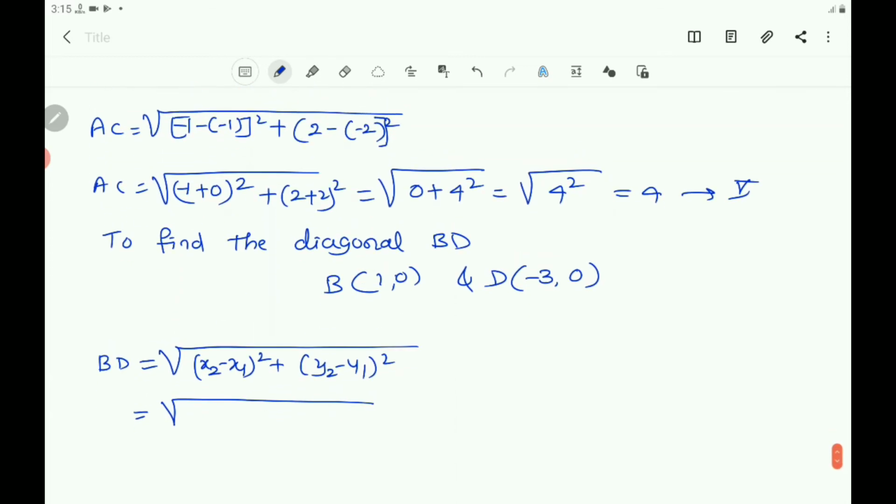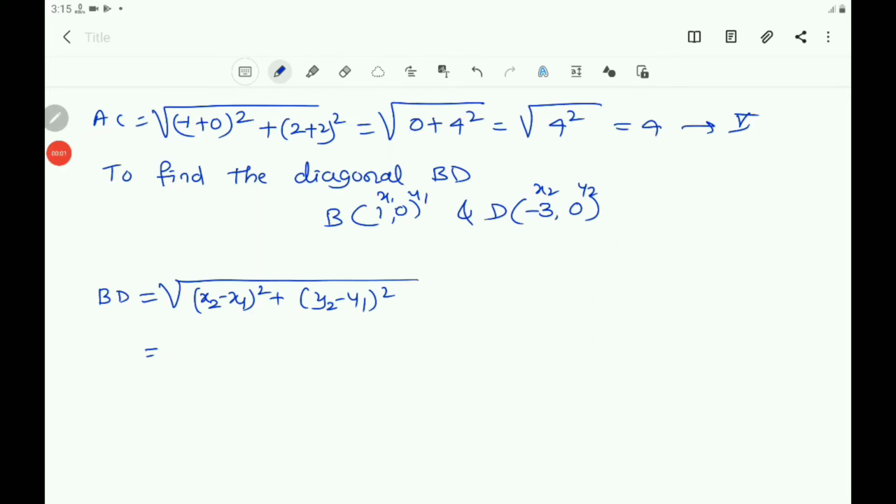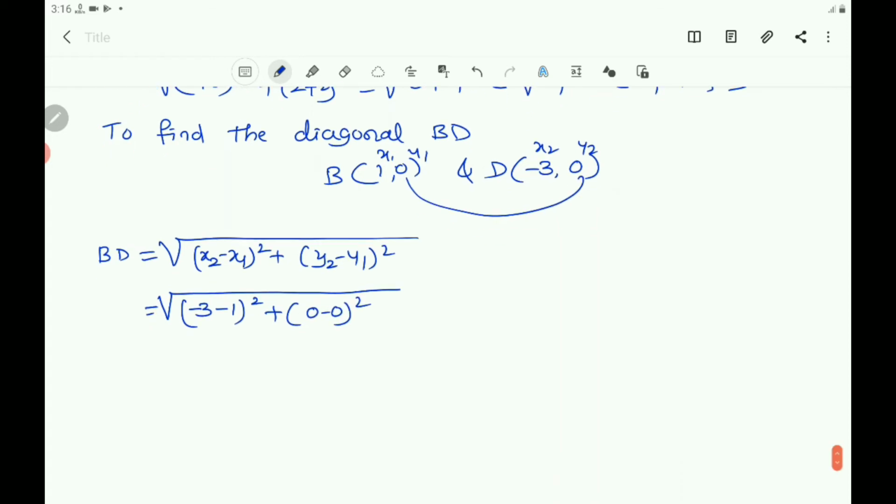You take here x1 y1 x2 y2. BD equals whole root x2 is -3 and x1 is 1, -3 minus 1 whole square plus y2 is 0, y1 is also 0, 0 minus 0 whole square.